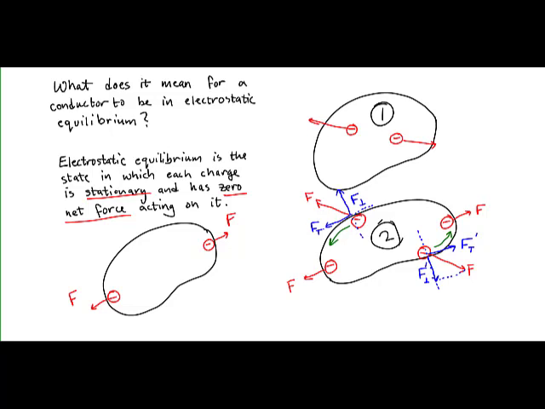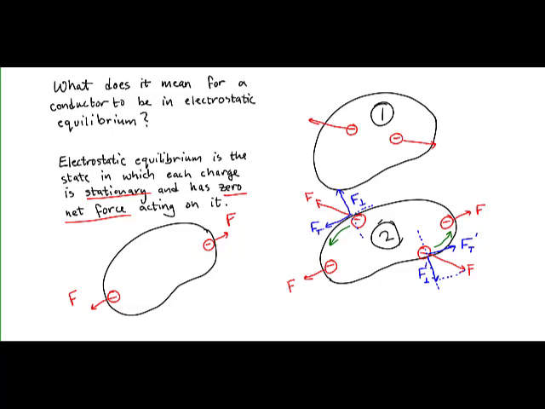Moving to the outside of the conductor in diagram 2, there was a component of the force on each of them that was perpendicular to the surface, trying to push them off the surface. And there's a component of the force on each of them that's tangent to the surface.